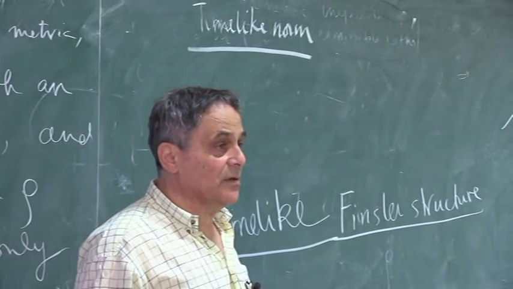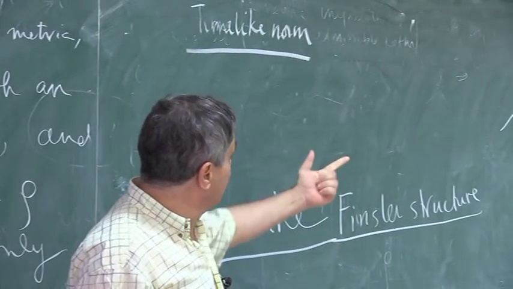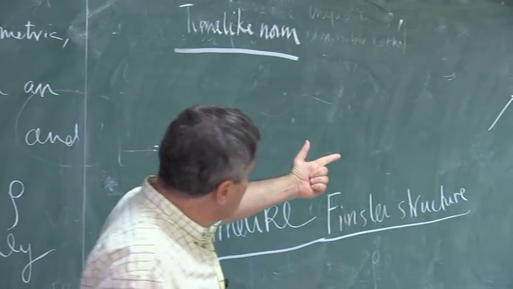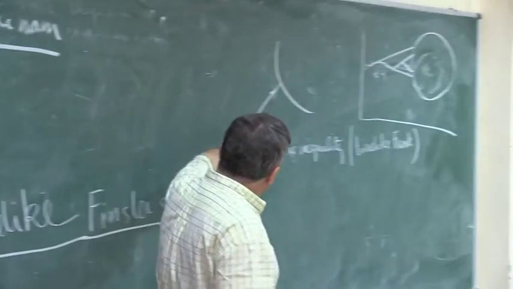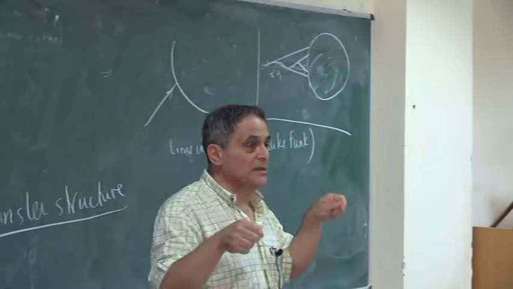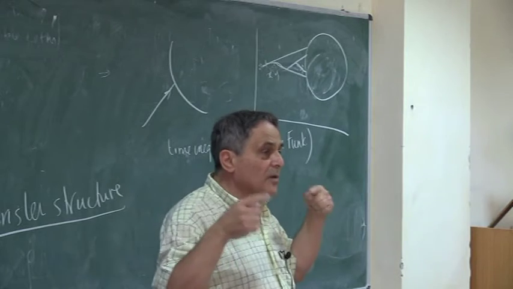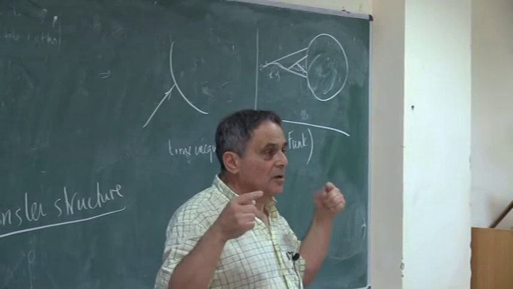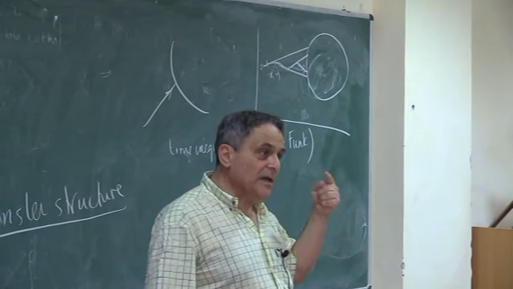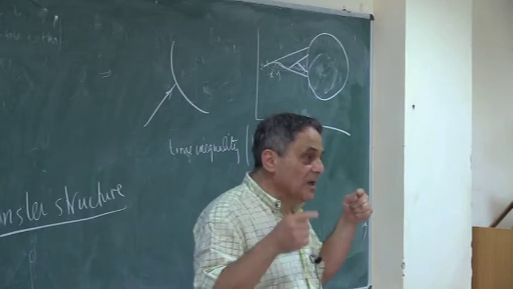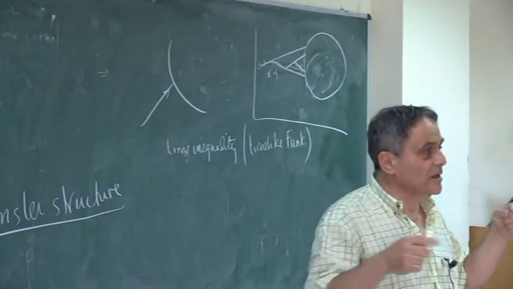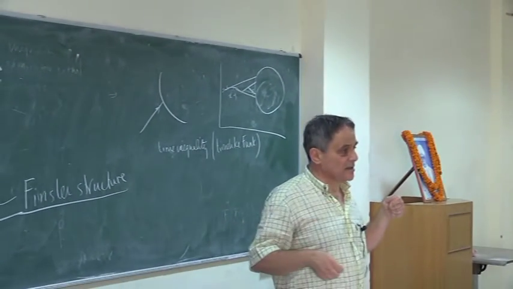And what is a time-like norm? A time-like norm, in fact, is like a norm, but instead of the convexity of the norm function, I want it to be concave. And then concaveness will imply that the triangle inequality is in the reverse sense.